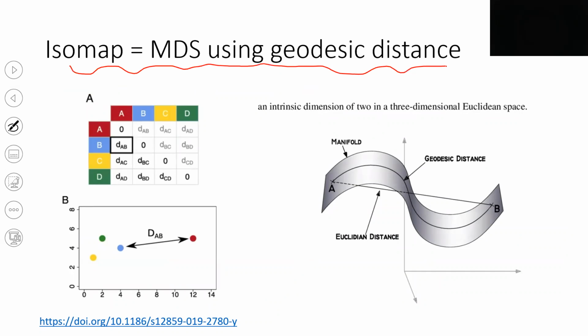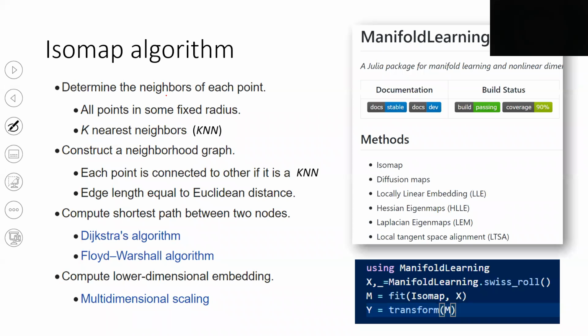Again, summary. This gives you a geodesic distance matrix that is projected up to reflect the higher dimension structure relationship. You have seen this many times, I believe.